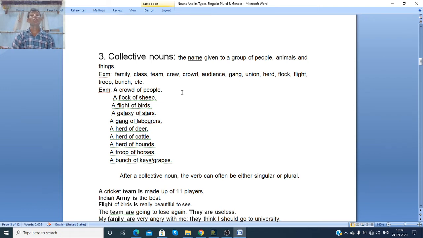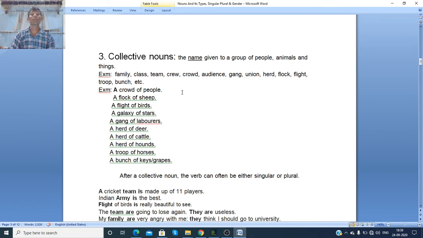The name of all of the students is class. The name of those members is called family. And crew, the name of the soldiers, all of the soldiers that work together, fight together, and live together, is called crew. Crowd, people that are gathered at one place are called crowd.